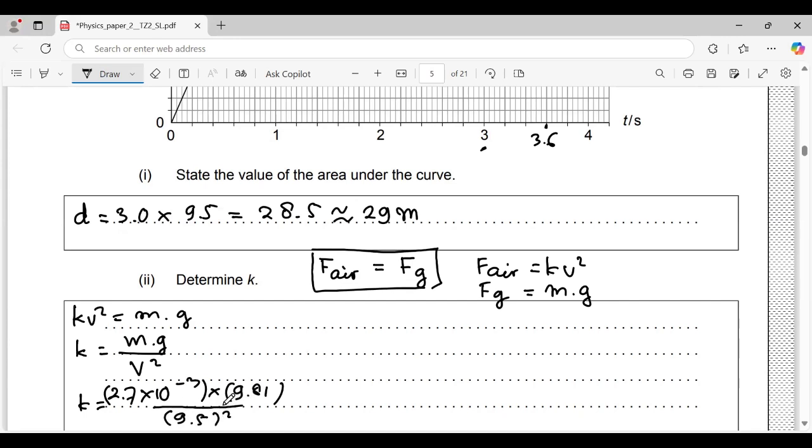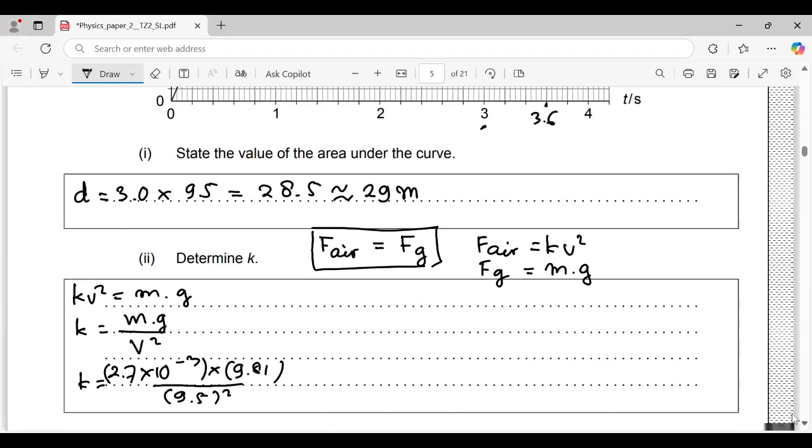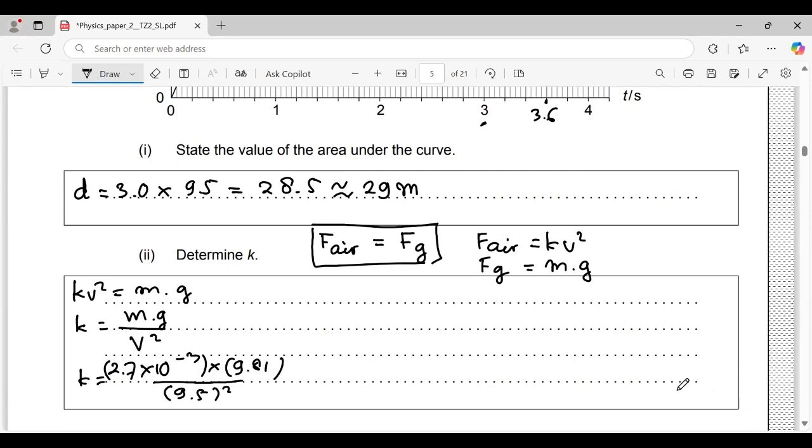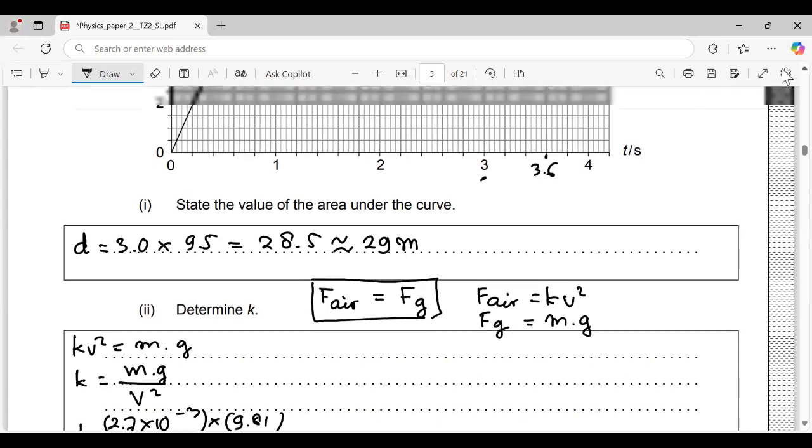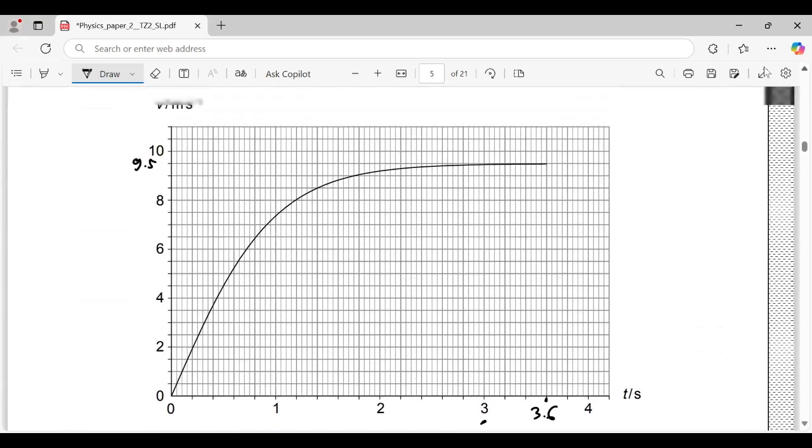That is the speed. Why 9.5? Because on the graph, 9.5 is the terminal velocity. The terminal velocity occurs at 9.5, you can check here. The terminal velocity occurs on this one, during 3 to 3.6.